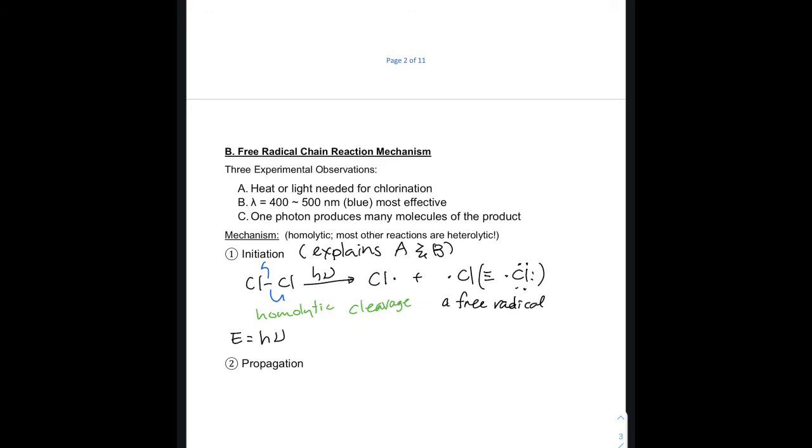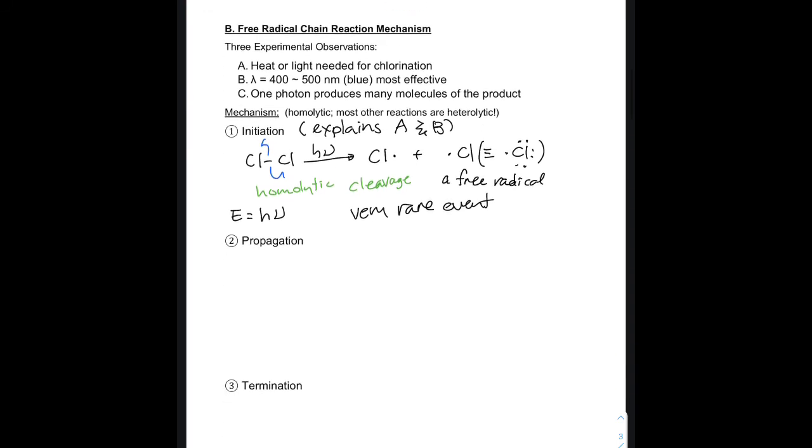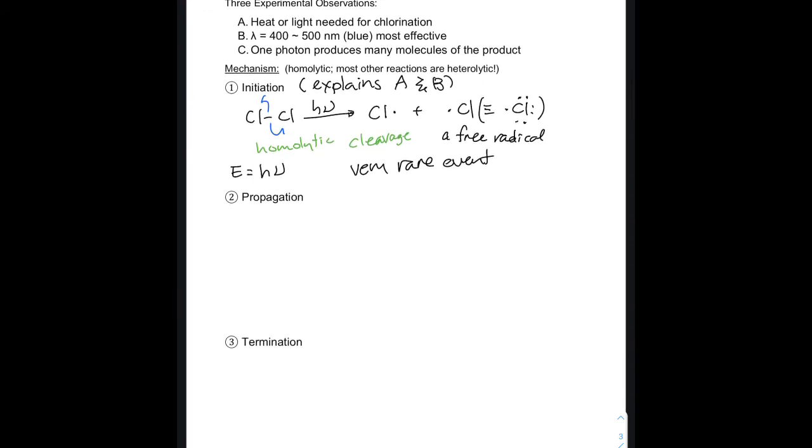Now, this is a very rare event. Even when you shine a strong UV light, because the radicals are so high in energy, so unstable, this is not a reaction that happens very readily.